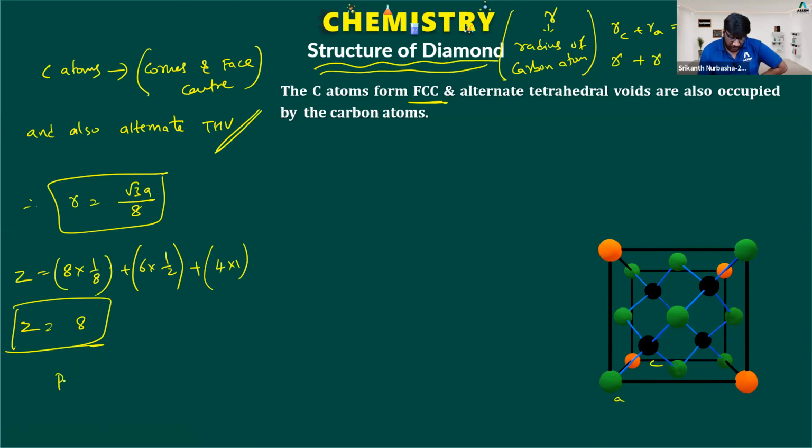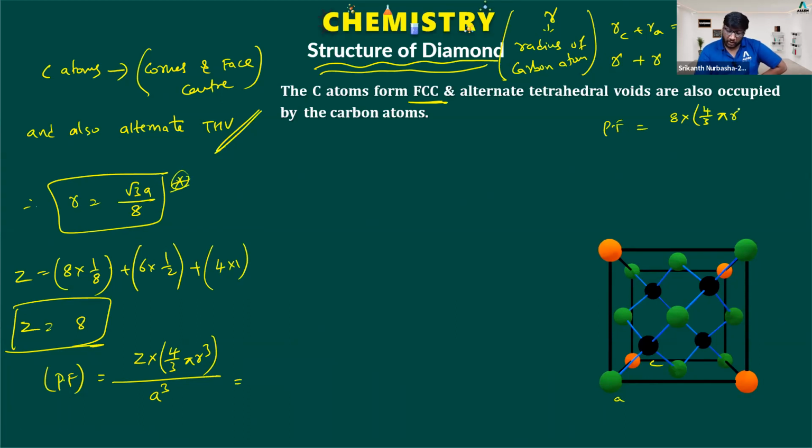You calculate the packing fraction. Packing fraction is equal to total volume occupied, that is Z into 4/3 pi r cube divided by a cube. What is Z? 8. So packing fraction is equal to 8 into 4/3 pi r cube divided by a cube. The R and A relation we have given already here.